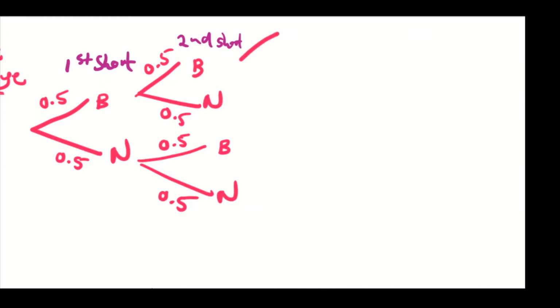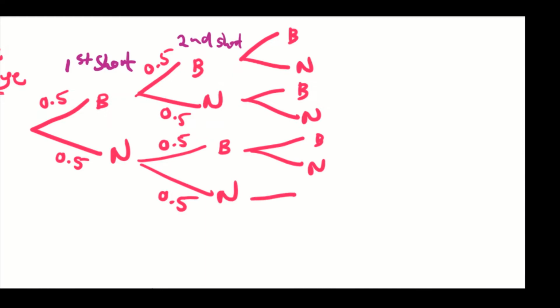So here it's going to be the bull's eye and N, so B and N here, and here it's going to be B and N, and here it's going to be B and N. So it's going to be 0.5, 0.5, 0.5, 0.5, 0.5, 0.5, 0.5, and 0.5.